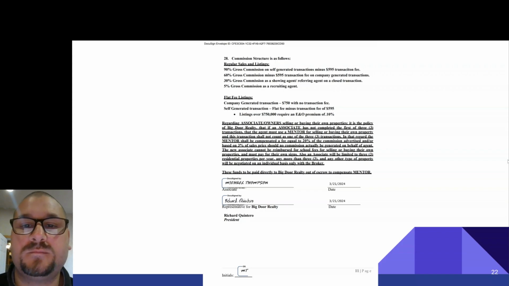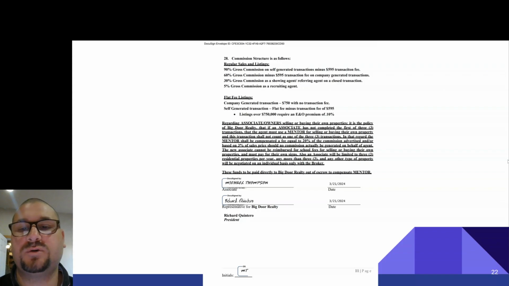Okay. So let's read it again. In that regard, the mentor shall be compensated a fee equal to 20% of the commission advertised and or based on a 3% sales price should no commission actually be generated on behalf of agent. The new associate cannot be reimbursed for school fees for selling or buying their own properties and must pay for their own signs.